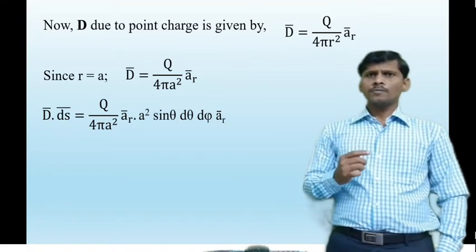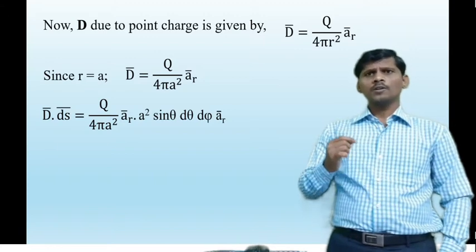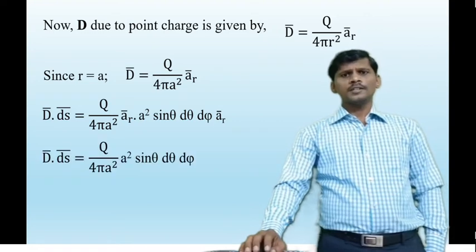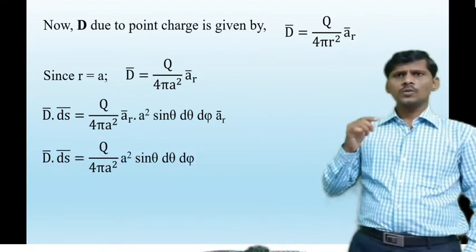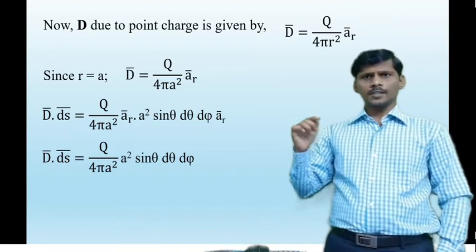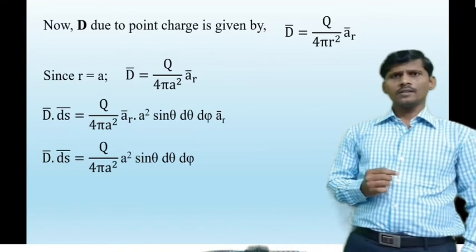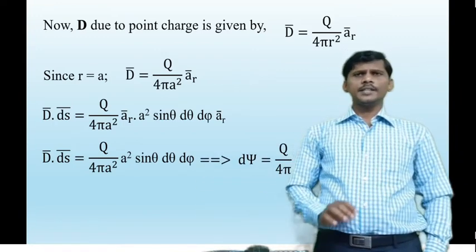Dot product of same unit vectors is unity. Now here a_r bar dot a_r bar is 1. So D bar dot dS bar is equal to Q by 4 pi a square sin theta d theta d phi. The a square in numerator and denominator cancel, and the remaining expression is Q by 4 pi sin theta d theta d phi.